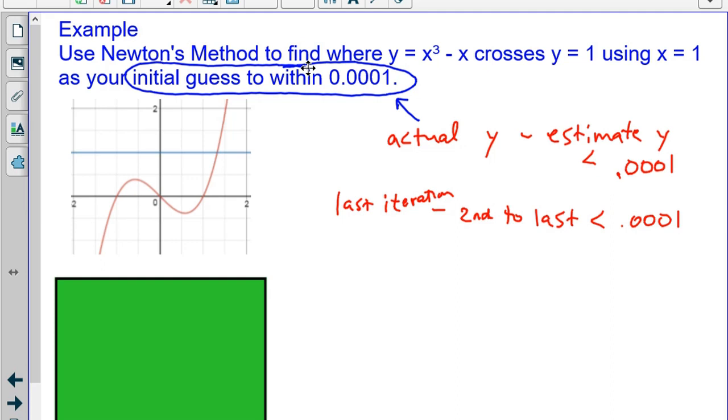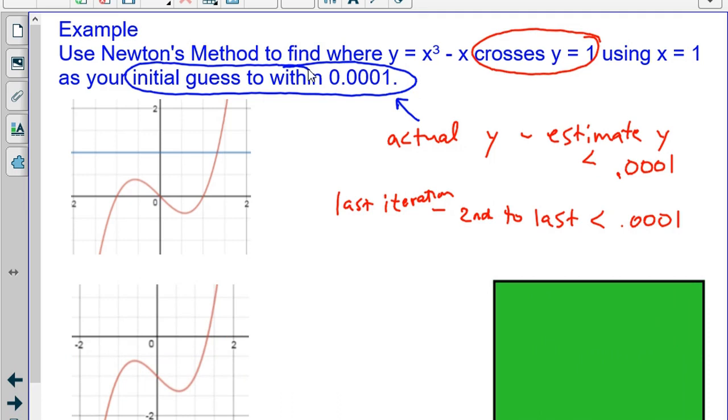Finally, in this problem, if you're being told that you have to find out where it crosses y equals 1, that means that you have to replace y with 1, not 0. So you're really doing a vertical shift of this, and for your new function, you either do 1 equals x cubed minus x and subtract the 1 over and set that equal to 0.